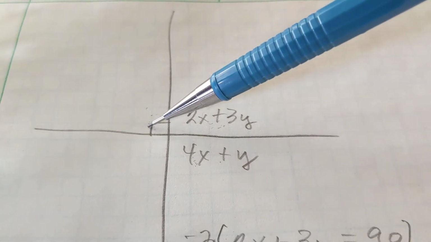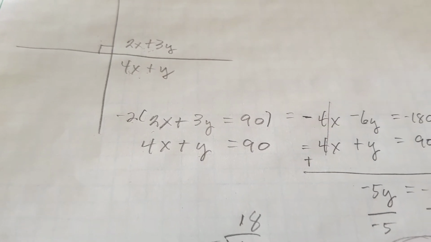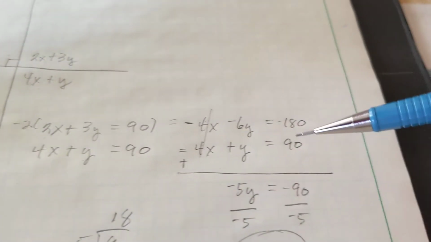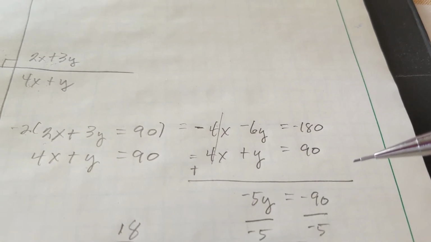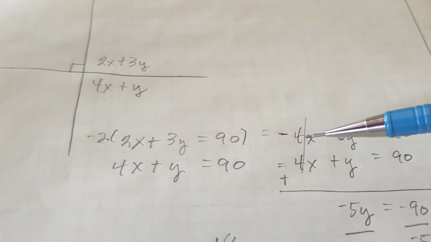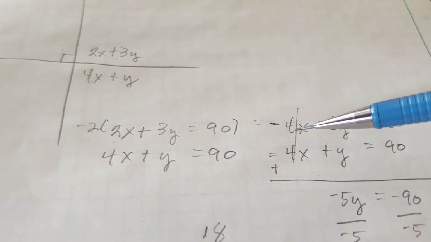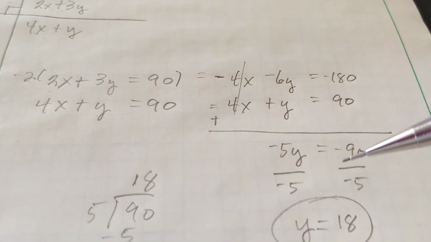So I took this and set it equal to 90, I took this and set it equal to 90, had this set of equations, and I had to solve two equations and two unknowns. This procedure that I did here is called linear combinations. And so I multiplied the top one by -2 with the express purpose of getting these x's to drop out, to cancel, so I just had one variable.